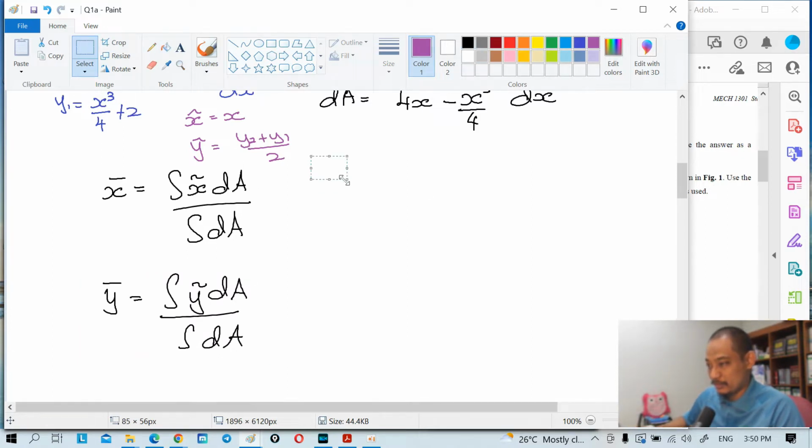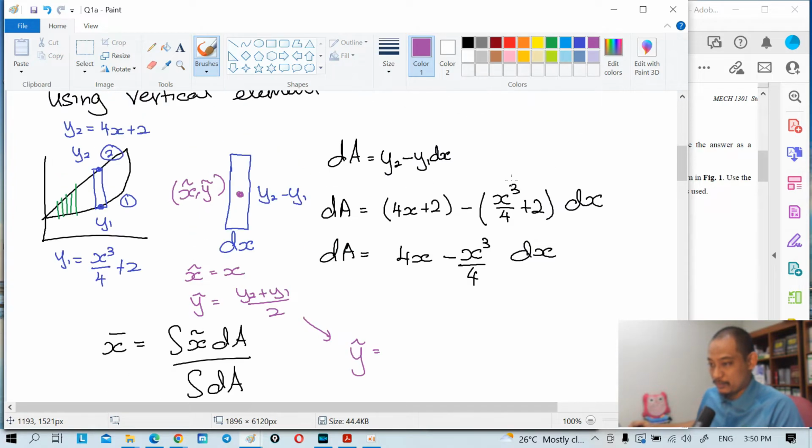So continuing here, y tilde: y2 is up here, so 4x plus 2, plus x cubed over 4 plus 2, and then everything divided by 2.